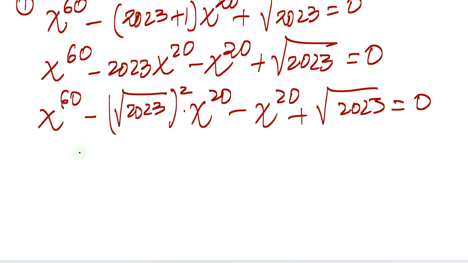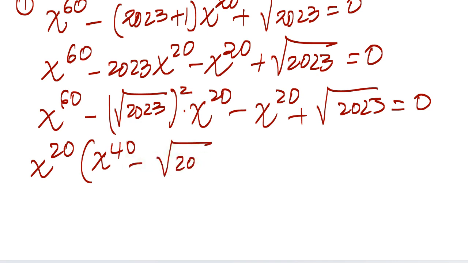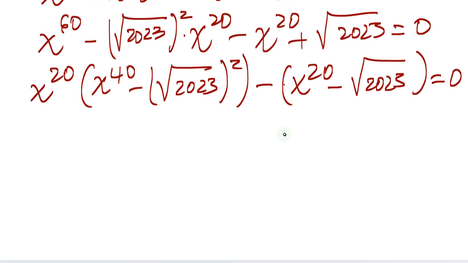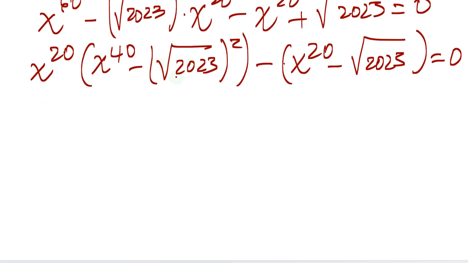So now I'm gonna factor out x to the 20, which multiplies x to the 40 minus square root of 2023 to the power of 2, and here I'm gonna factor out this negative sign, so this is gonna be x to the 20 minus square root of 2023, and this is equal to 0.